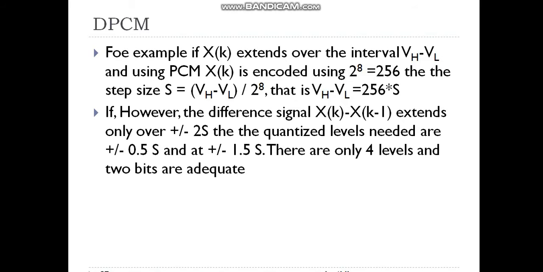However, the difference signal x of k minus x of k minus 1 extends only over plus or minus 2s. The quantized levels needed are plus or minus 0.5s and plus or minus 1.5s. There are only 4 levels and 2 bits are adequate.